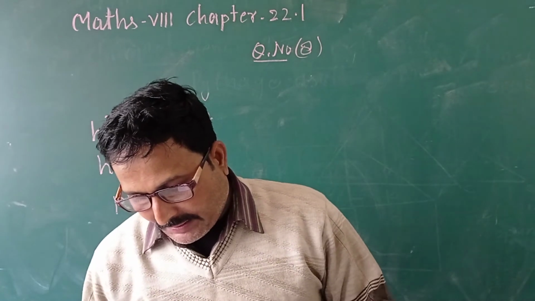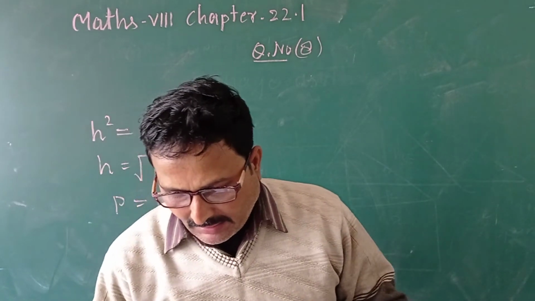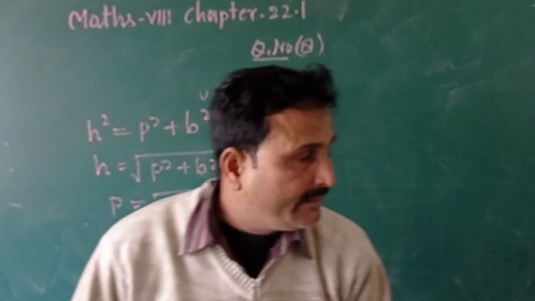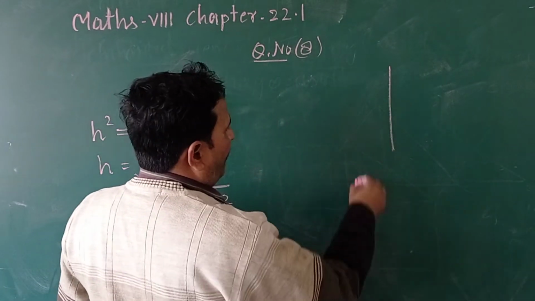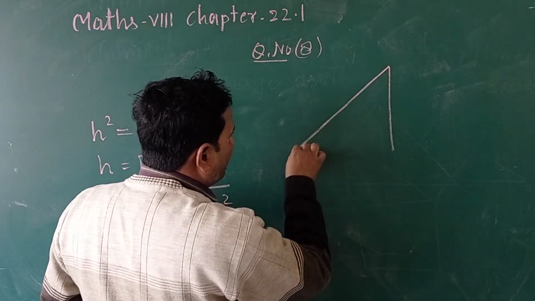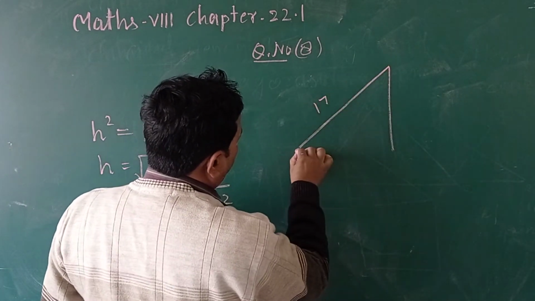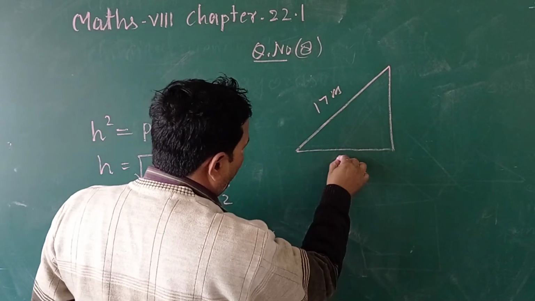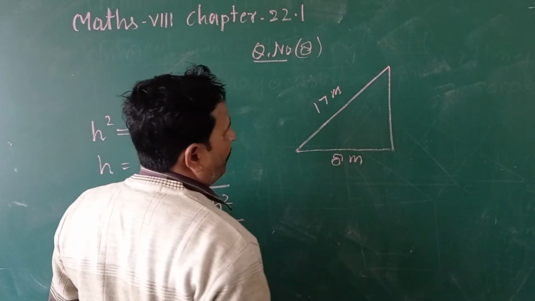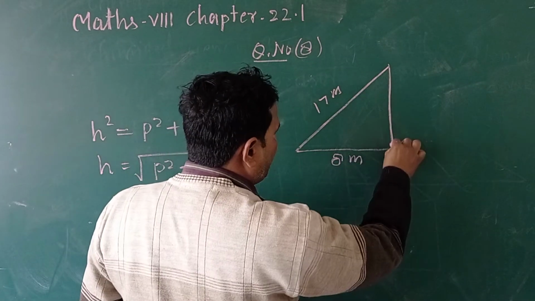Find the height of the wall. See that a wall is there, a ladder of 17 meter is put 8 meter away from the foot of the wall. You have to find the height of the wall.